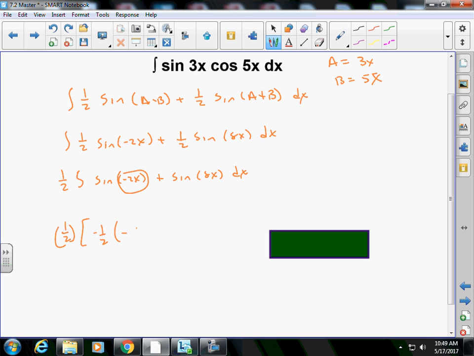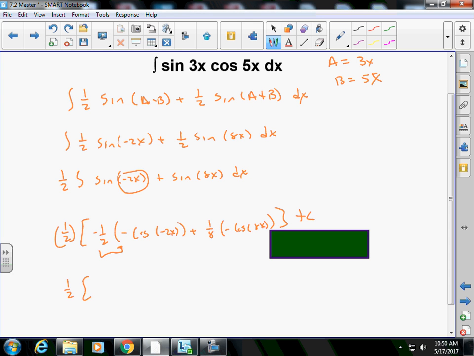I need a minus for the cosine, because the integration of cosine would give me a minus sign, but I have a plus sign, minus 2x, right? Plus, I need a 1/8 for that cosine there, minus cosine 8x, sorry, plus a constant. These are double negatives, so it's positive.